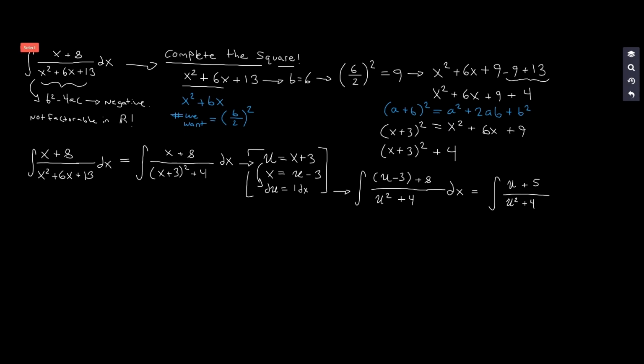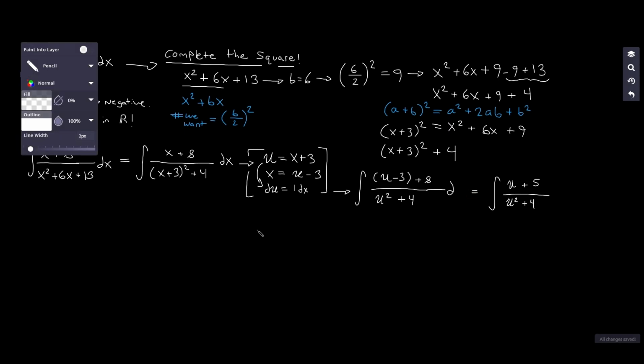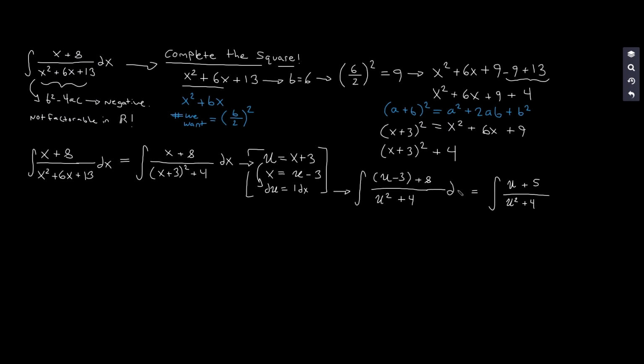Oops, I just realized something. This is not integration with respect to x. We just switched variables and applied a substitution, so this is integration with respect to u, as it is over here. Now the next step is, I think, we can break this integral into two integrals, right?